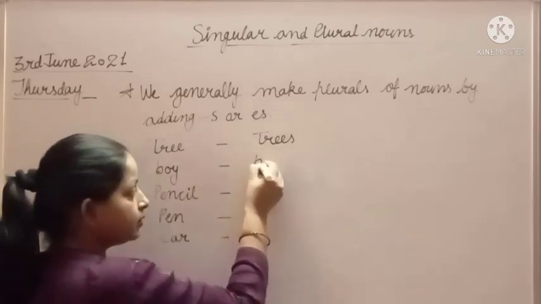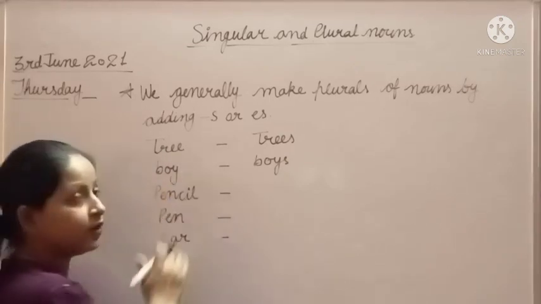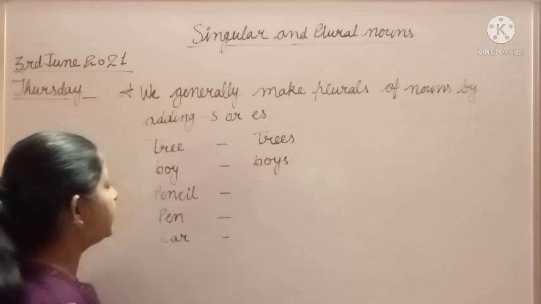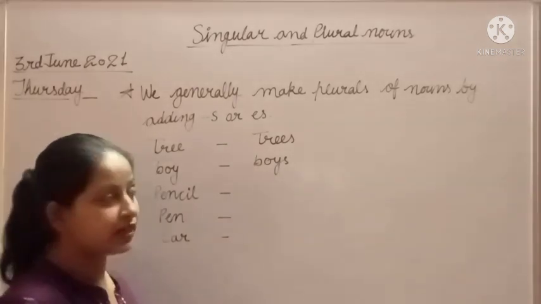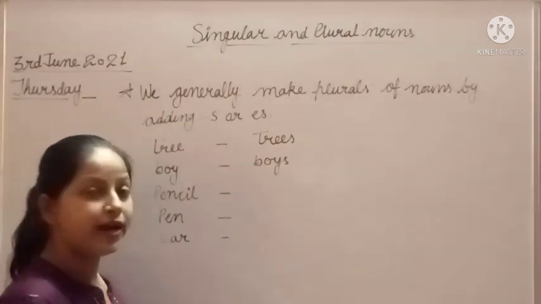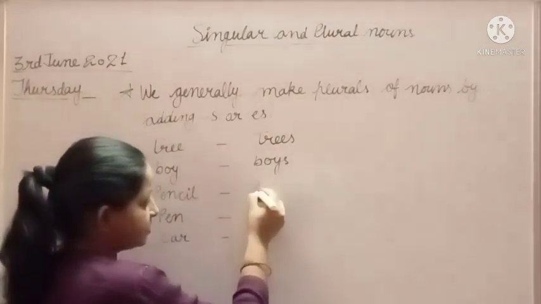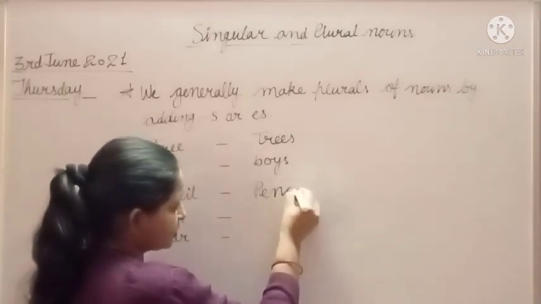Boy, boys. If there is only one boy in the class, then we write boy, and if there are many boys in the class, then we will write boys. Yes, like this. Pencils. If we have many pencils, then we write pencils.